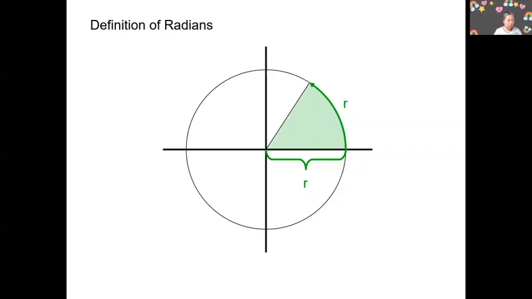Then you stop and put the terminal side at the end of that. Then we measure the angle, and it's about 57.3 degrees. This is how we define 1 radian.